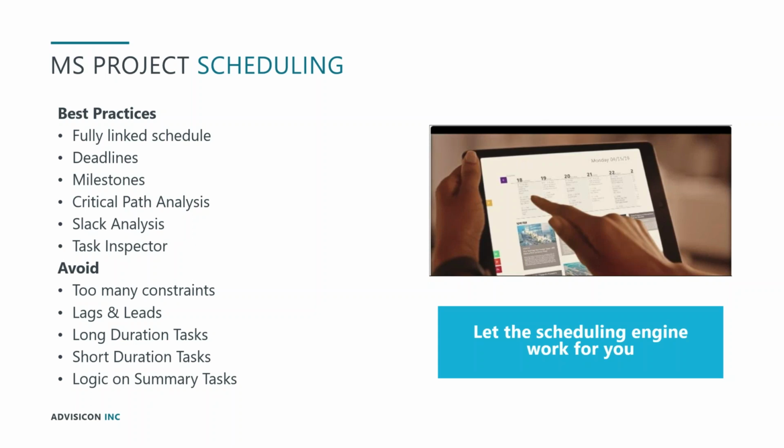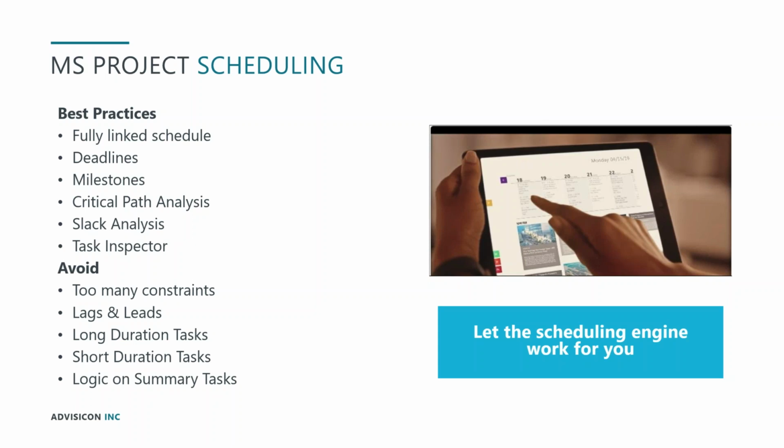As you go through the structure of your project, you want to analyze your critical path, which is the shortest path through the mandatory tasks in your project from the start to the absolute finish. You also want to analyze slack.